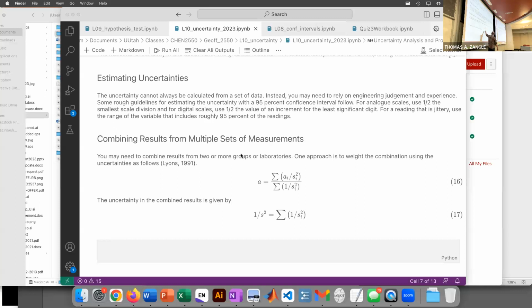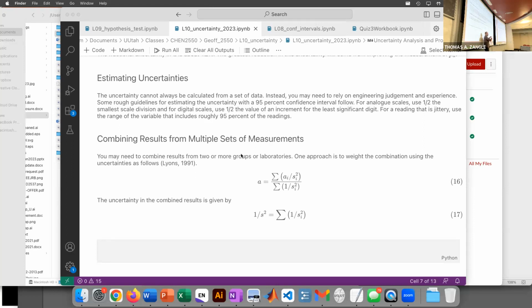One approach to combining that is to estimate or compute an average of the results that's weighted by the uncertainty in those results. So what you end up doing here, if you apply equation 16, is you end up weighting the results from the more reliable laboratory more heavily than the results from the unreliable laboratory.